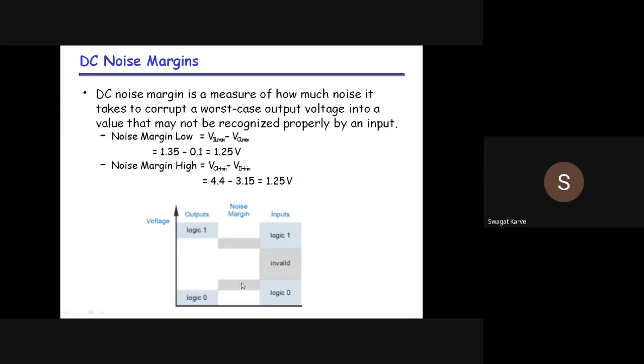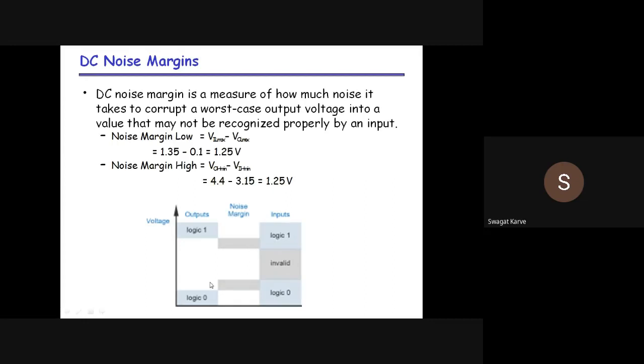So particularly this band is the low noise margin. Similarly, you can calculate the high noise margin also. How to calculate that? It's the difference between the highest logic 1 level and the lowest logic 1 level. So particularly this band is nothing but the high noise margin or noise margin high.